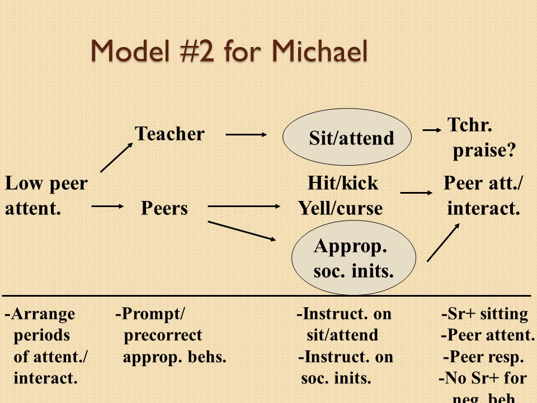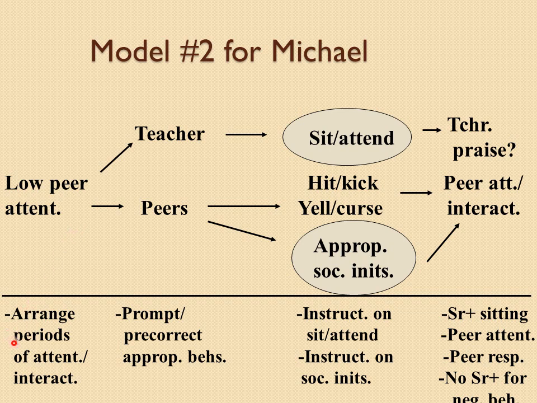So we have to think about how can we use peer attention as a reinforcer. An alternative behavior that would lead to the same outcome as a problem behavior might be teaching the student some social skills, teaching him or her to initiate social interactions with peers. So then we go down to the planning phase. Is there anything we can do to help out with the setting event of low peer attention?